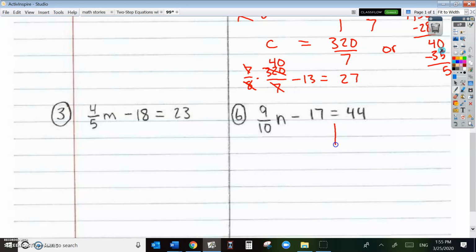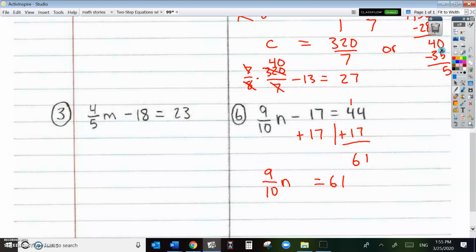Okay, first step here, add 17 to both sides. Looks like 61. 9 over 10 n equals 61.